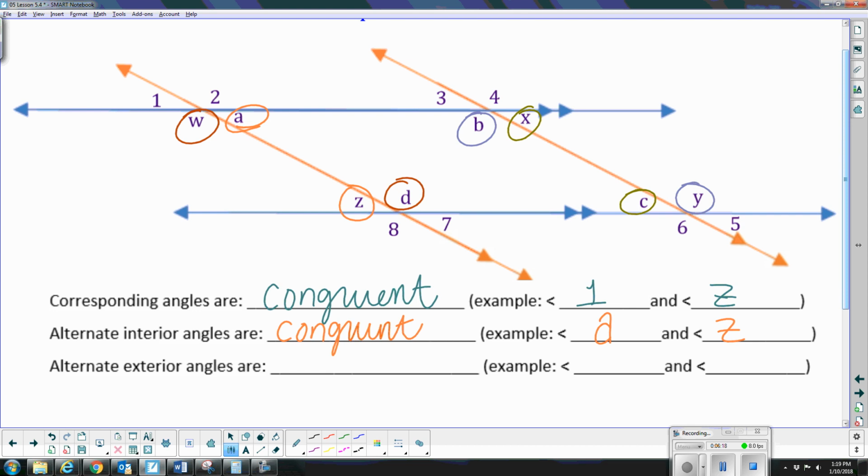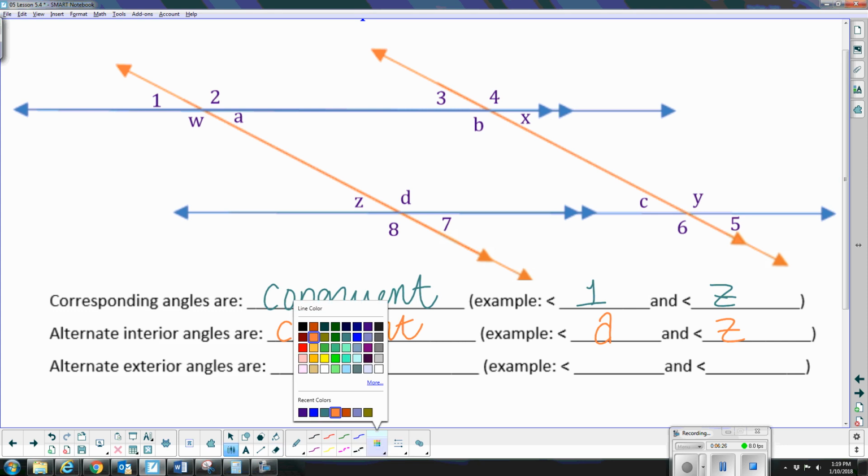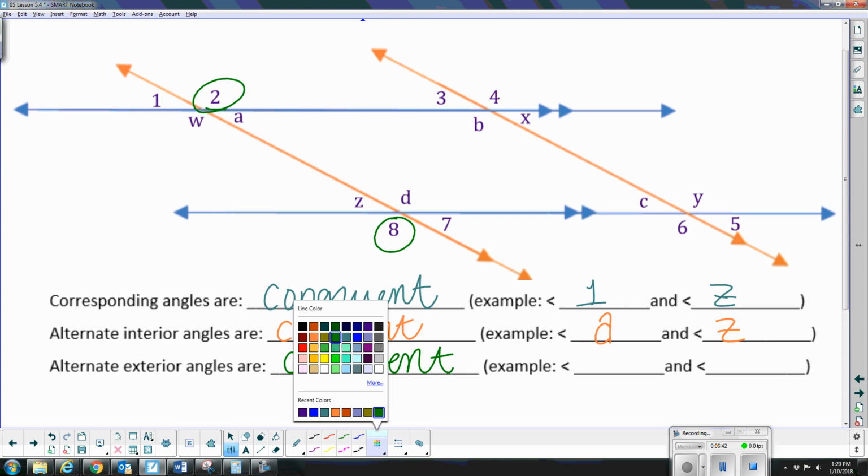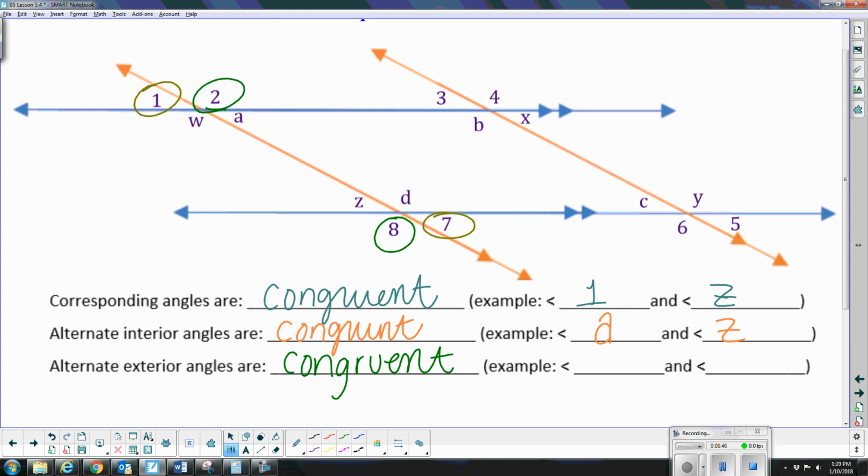All right, and then the last one, alternate exterior angles. Alternate exterior angles are also congruent with parallel lines. So let's look at our alternate exterior angles. We've got 8 and 2. That's an example. Or 1 and 7.